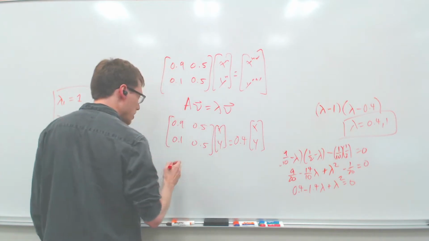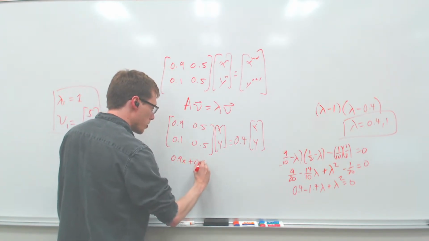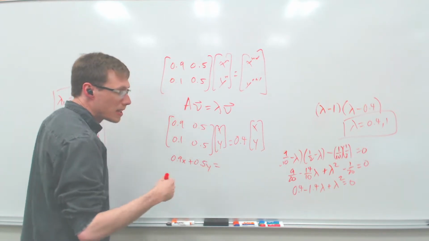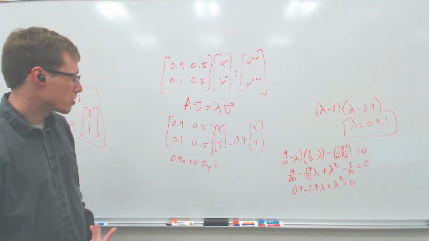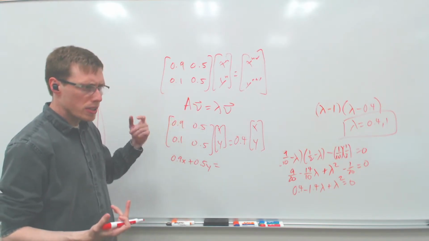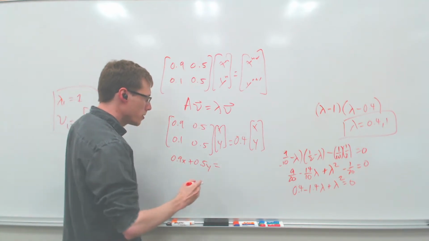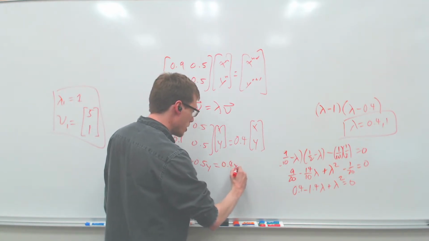What you're going to end up getting is that 0.9x plus 0.5y, these two will always be, by definition, because it's an eigenvector specifically, linearly dependent. So you can never actually get the solution, you only get the direction. Right? And so this is equal to 0.4x.